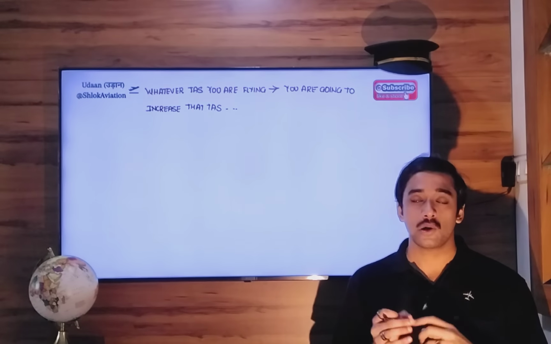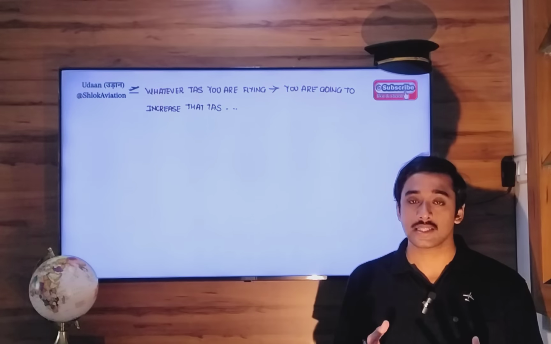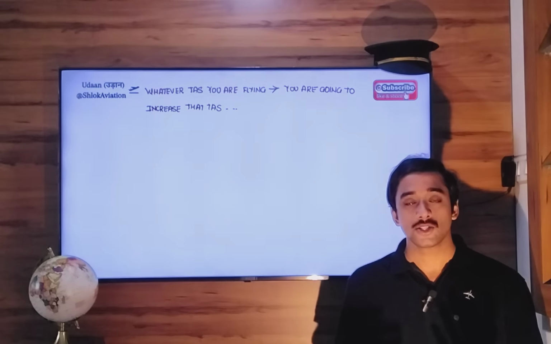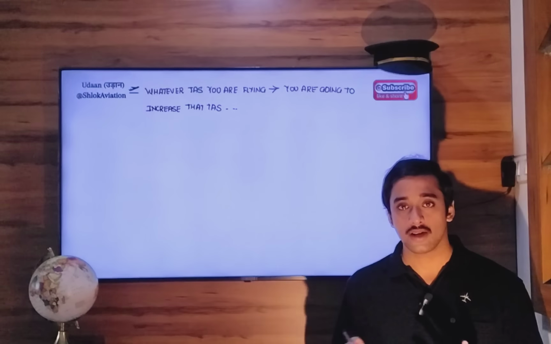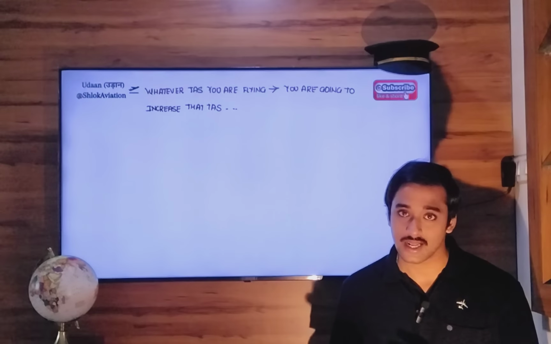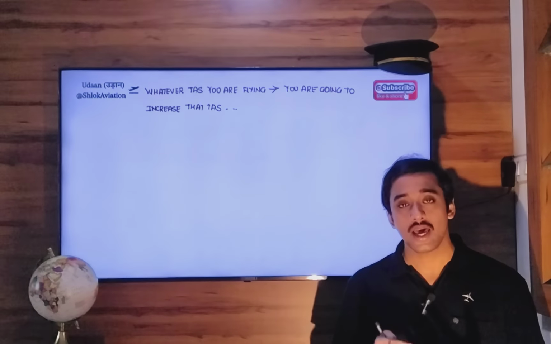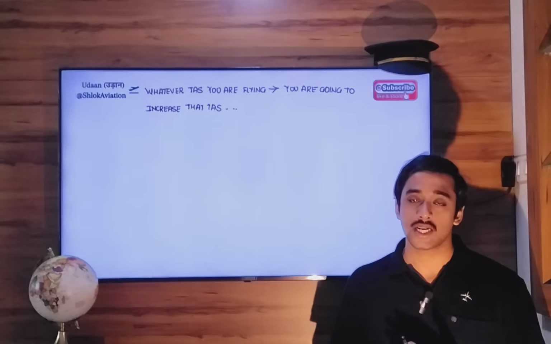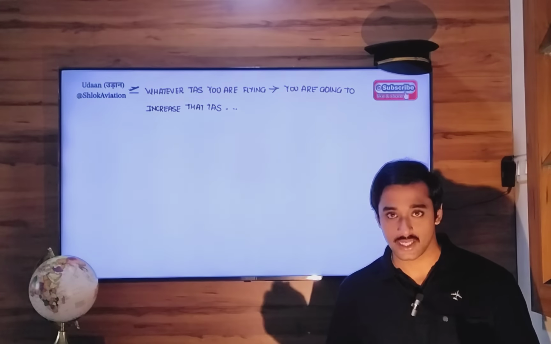Okay, so you yourself cannot increase the atmospheric pressure around your aircraft. So the only solution is that you increase the true airspeed of your aircraft. As a result, impact pressure increases, dynamic pressure increases, and this dynamic pressure will be registered as an increase in calibrated airspeed.